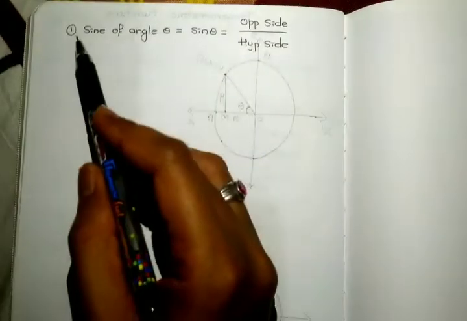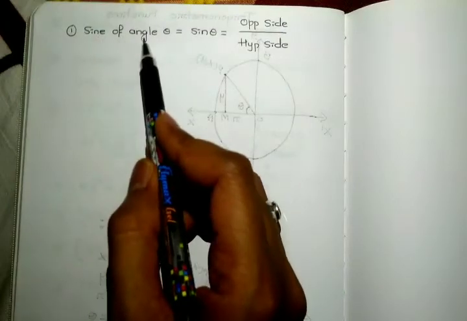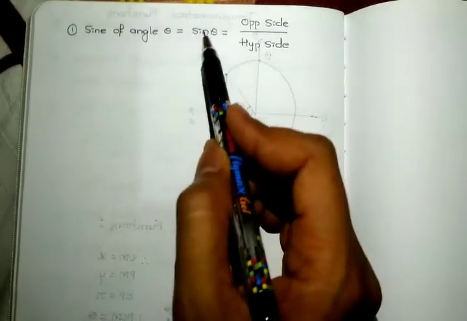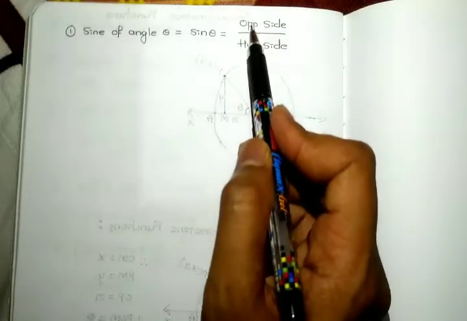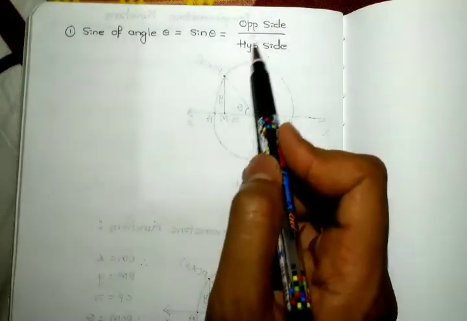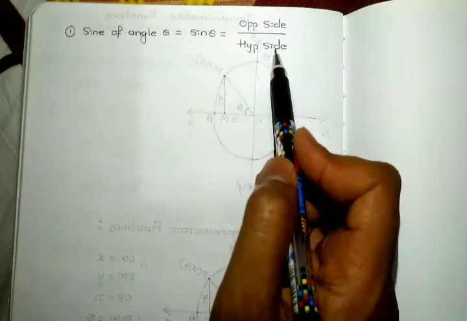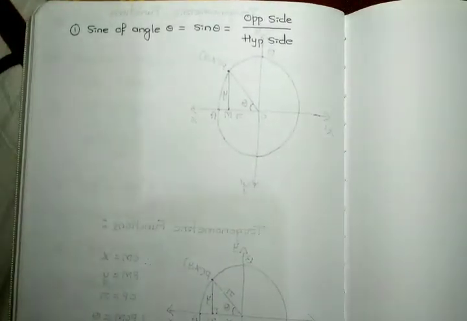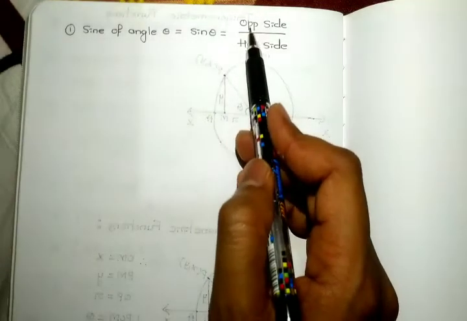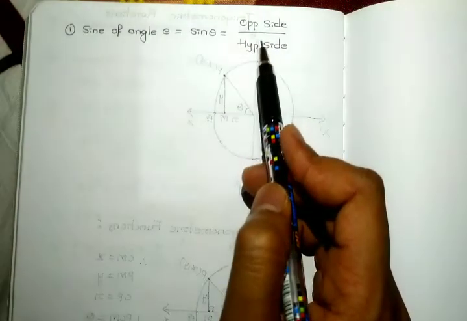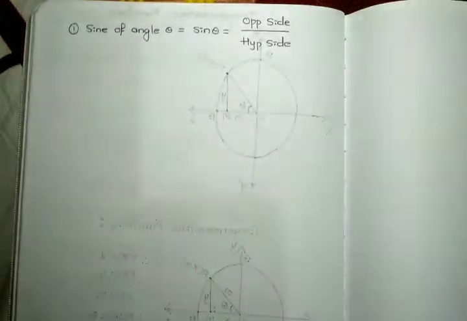In that, first one, sine of angle theta, called sin theta, is defined by opposite side divided by hypotenuse side.